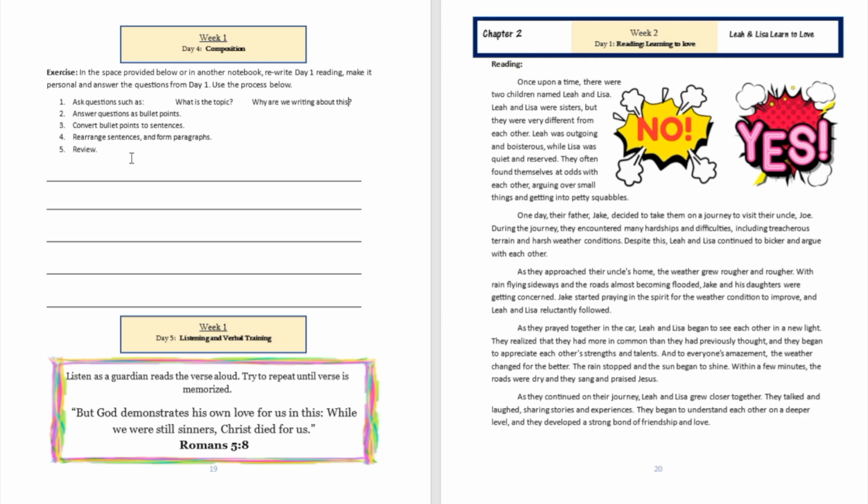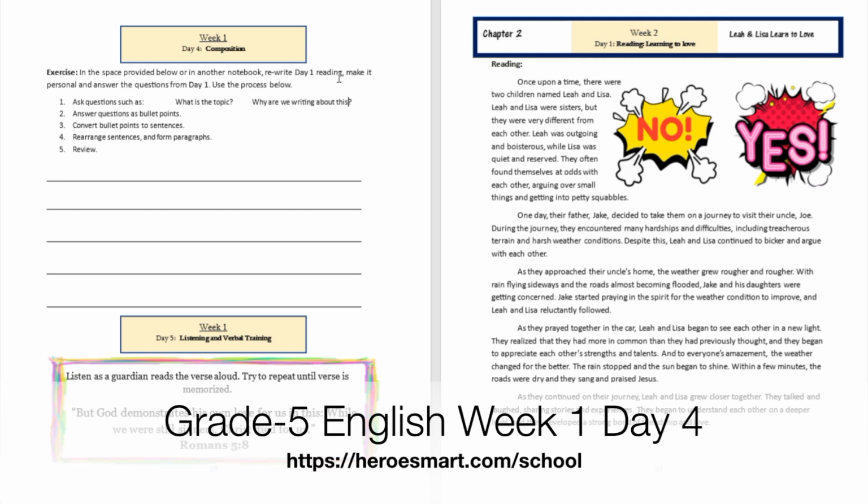Write those sentences down, convert those bullet points into sentences, and then rearrange your sentences and turn them into paragraphs. Then review your work and put your punctuation marks in. Before you know it, you will have written the reading from day number 1 in your own words. And guess what? That's how to make a composition.